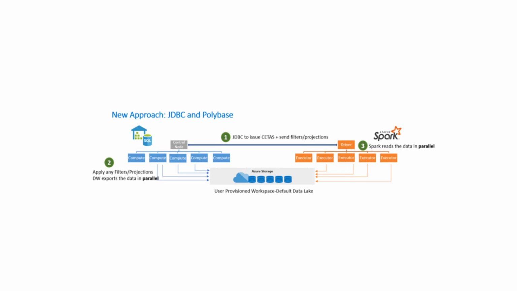Apache Spark reads the data in parallel based on the user-provisioned workspace and the default data lake storage. As a result, you can use the Synapse Apache Spark Pool to Synapse SQL Connector to transfer data between a lake store via Apache Spark and dedicated SQL Pool.